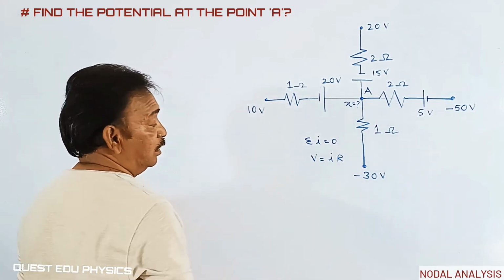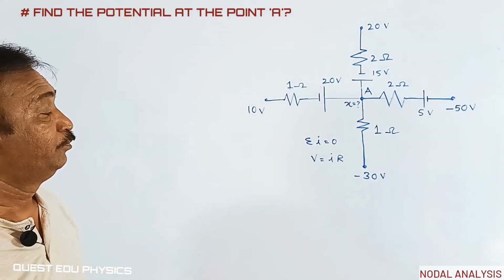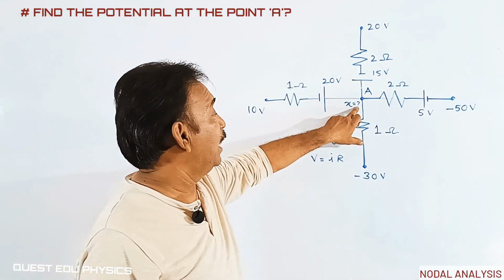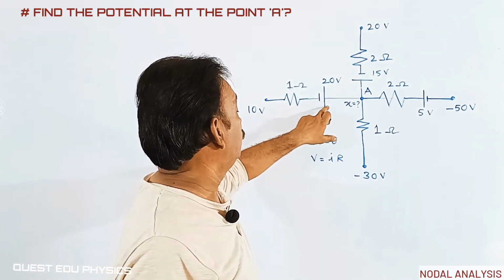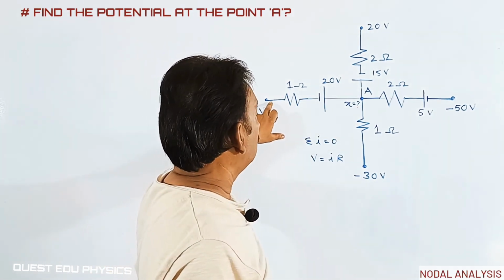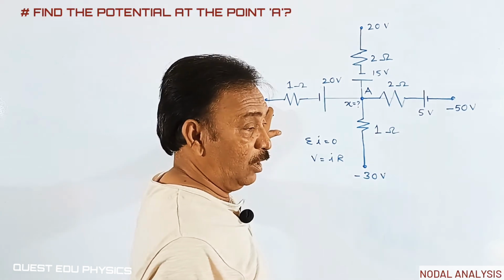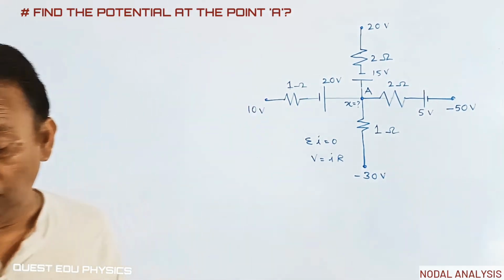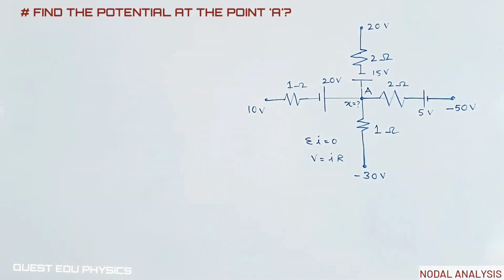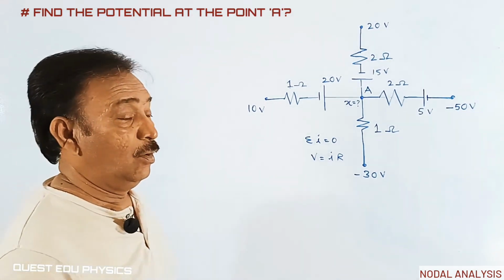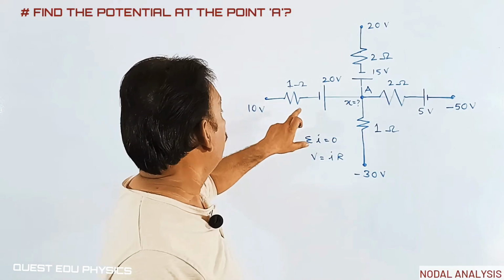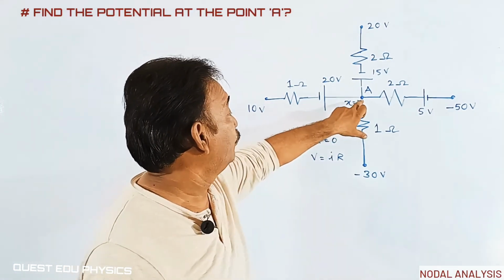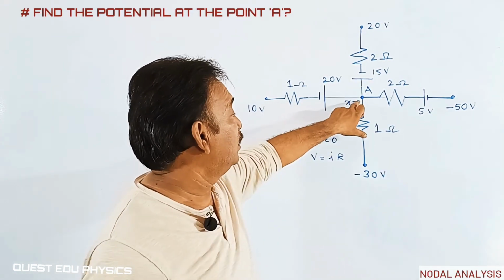Yes, these two laws we have used. Here say the potential X is positive, and here also positive. Okay, students, here we are applying the Kirchhoff junction law to this part of the circuit.